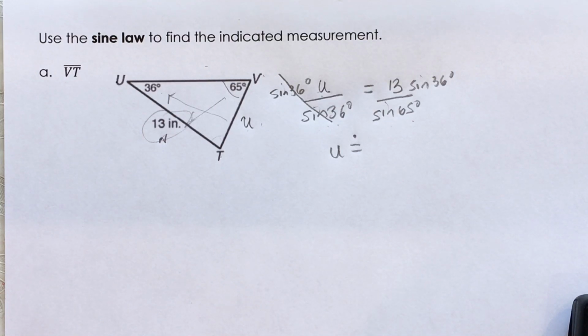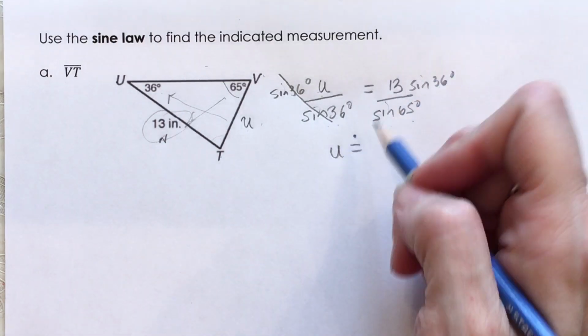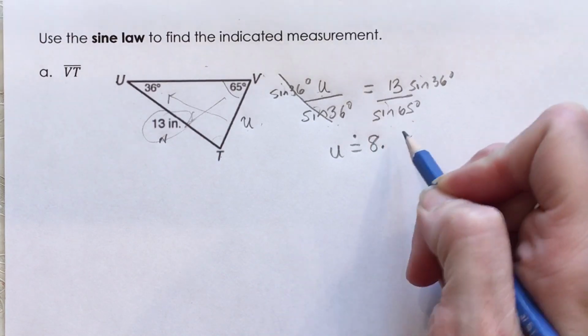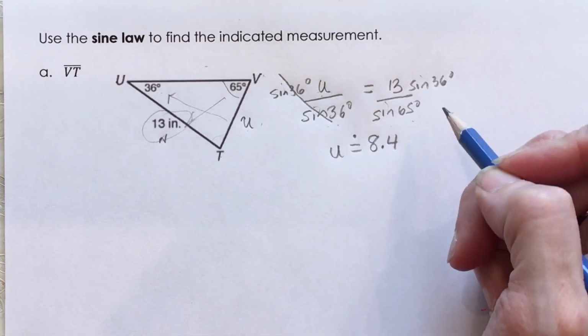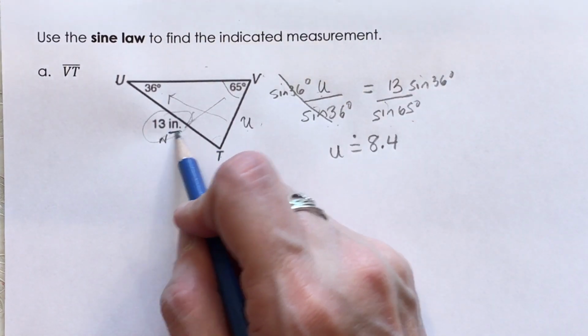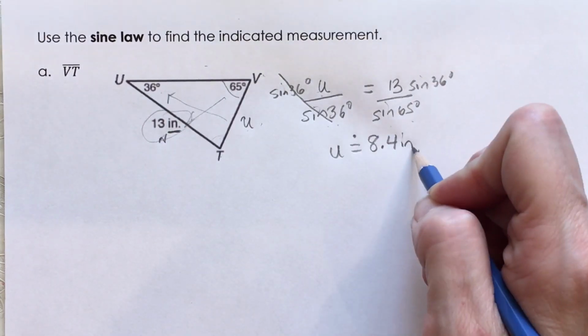So I'm going to do 13 times, on my calculator I press sine first, the sine of 36 equals, divided by the sine of 65 equals. And I get U is approximately 8.43, but I'm just going to round that to 8.4. Then you look for the units in the question, inches.